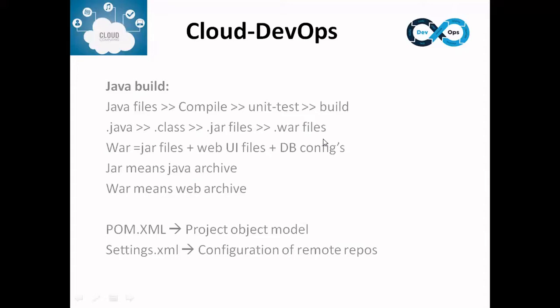So in our Java project, we use a build tool called Maven. Maven is a build tool which was developed by the Apache company. Prior to Maven, there was one tool called Apache Ant.